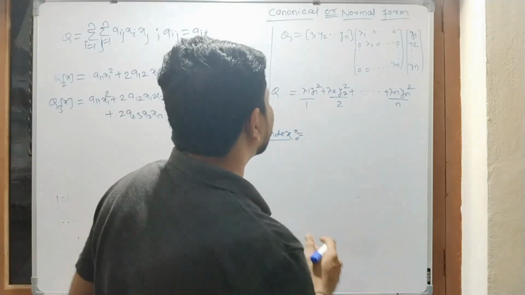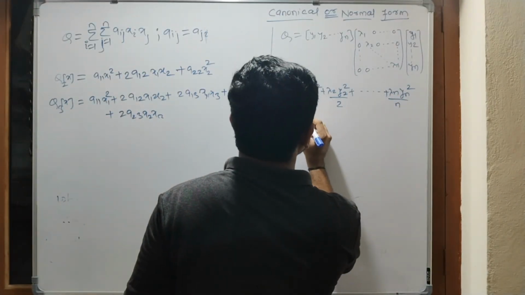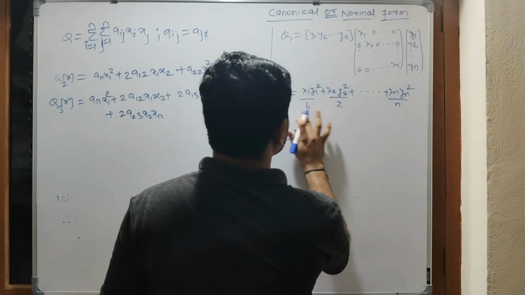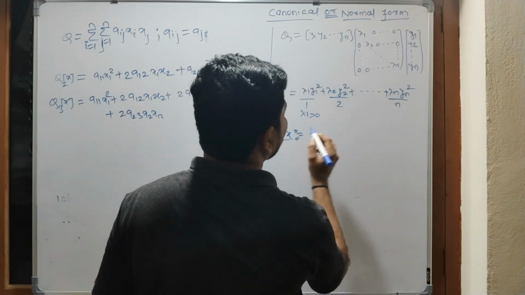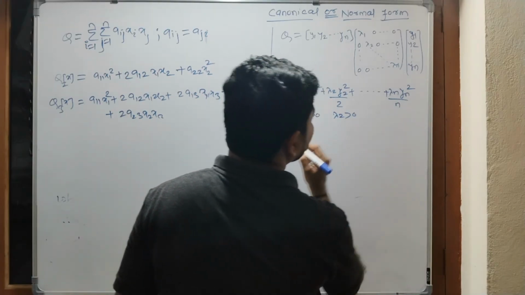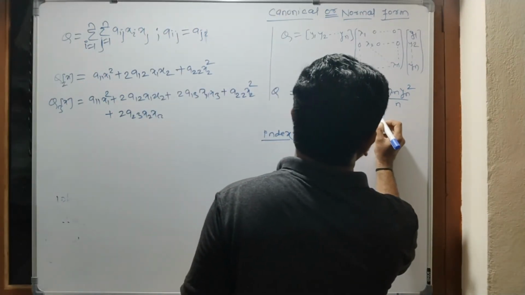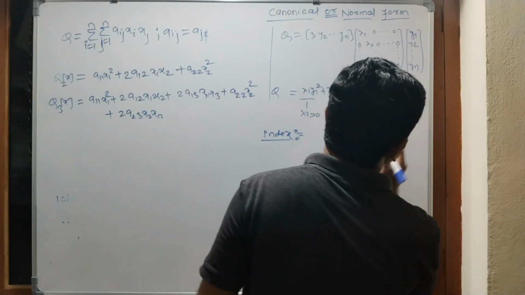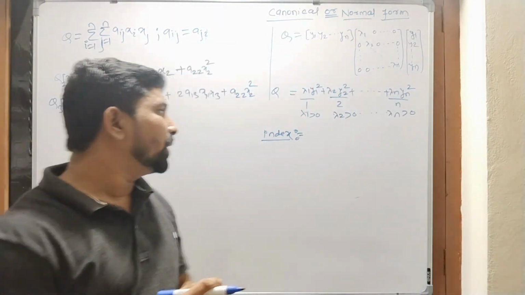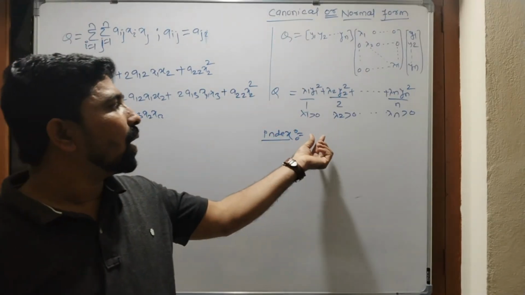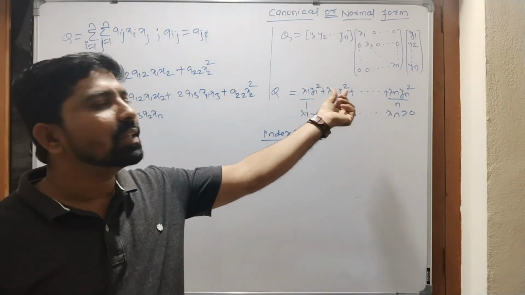So for example, if lambda 1 is strictly greater than 0, lambda 2 is strictly greater than 0, and so on up to lambda n strictly greater than 0, then all the terms are positive. So index means the number of positive terms in the normal form.